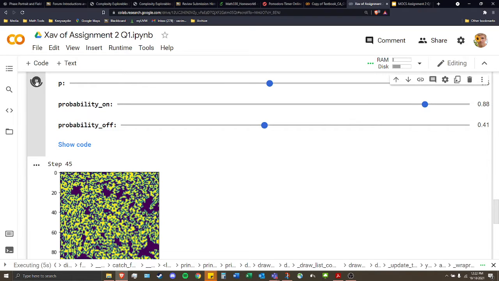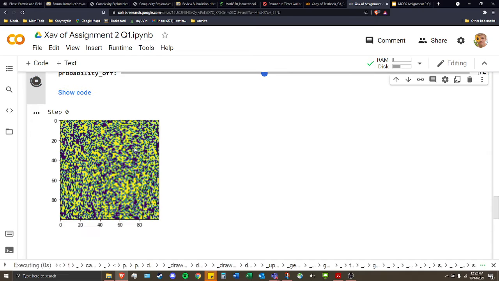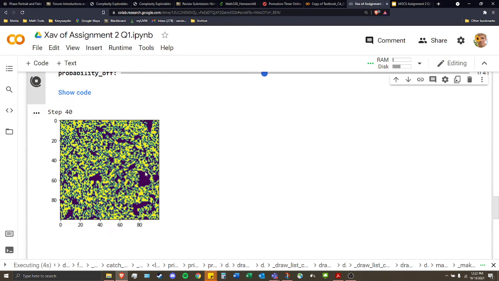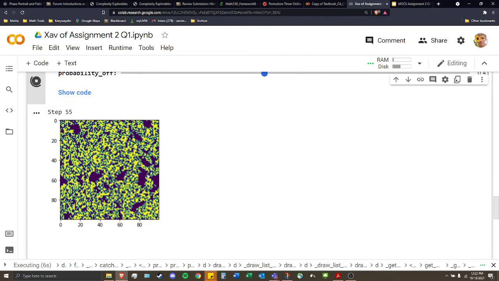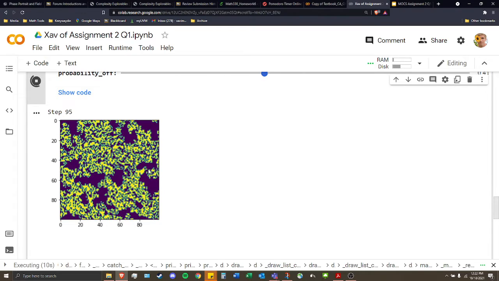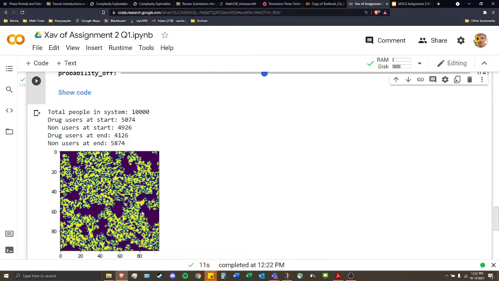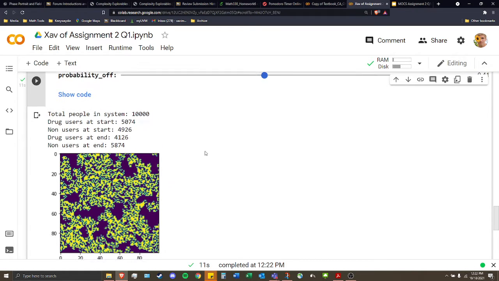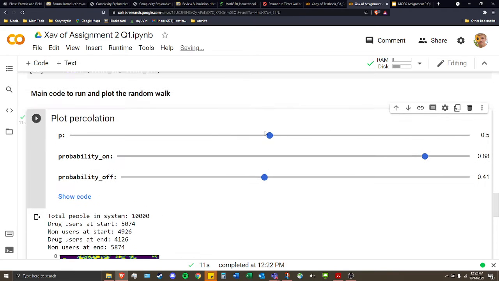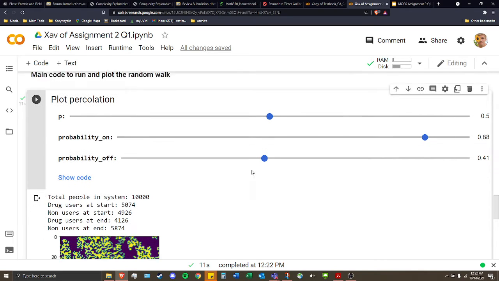But if we run this, we can slowly start to see these pools of non-drug users start to dominate a little bit and take over, which is pretty surprising given that it's a very high chance that people start drugs. We have a very large population that initially starts on drugs, so it's interesting.